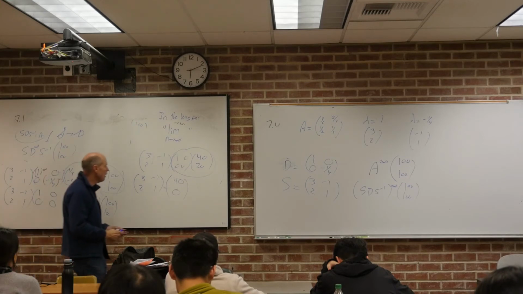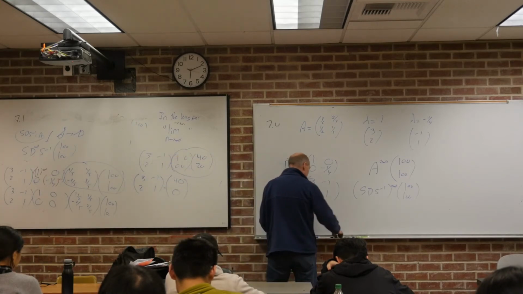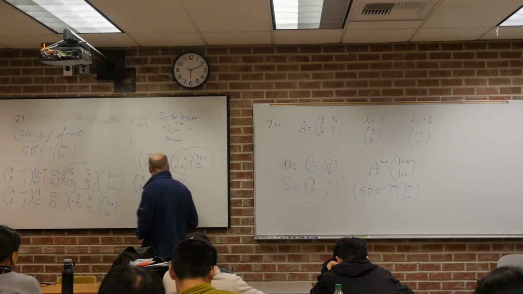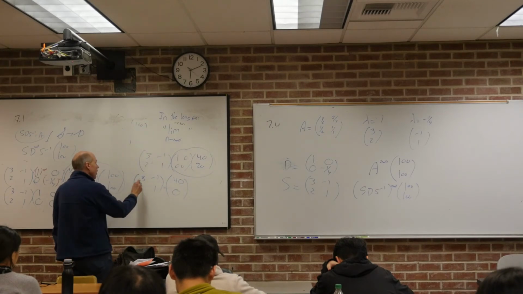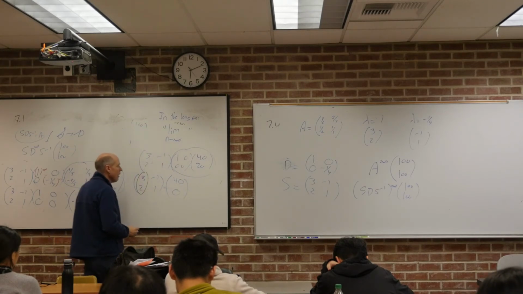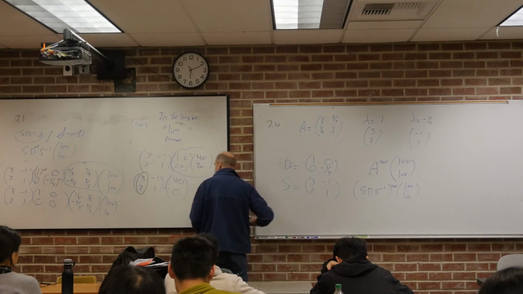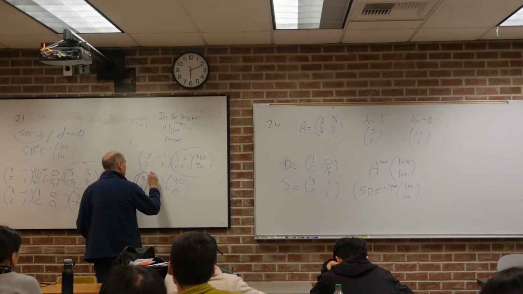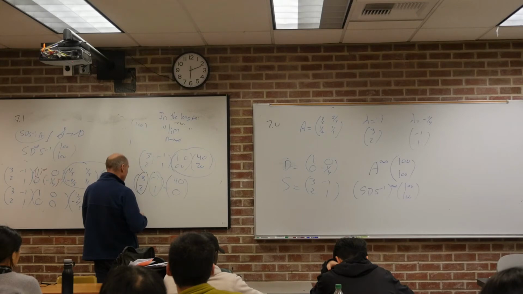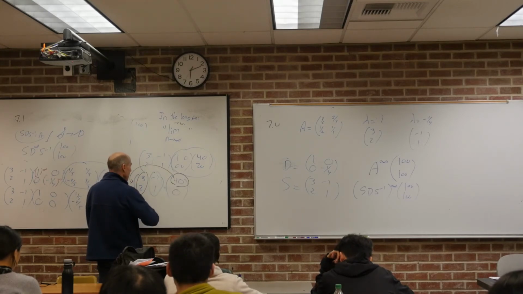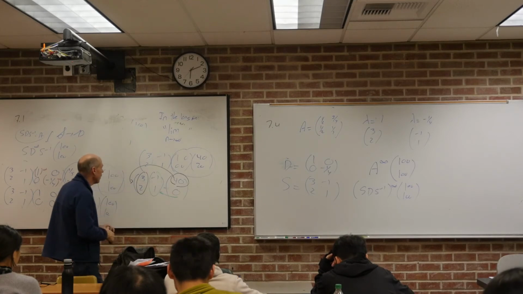And then I want you to remember the way matrix multiplication was originally defined. You think of that original matrix as two columns. The first number is the scalar for the first column, and the second number is the scalar for the second column.